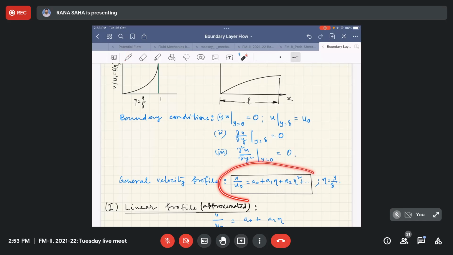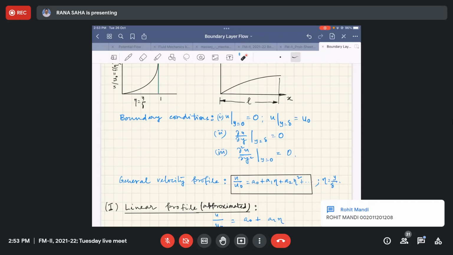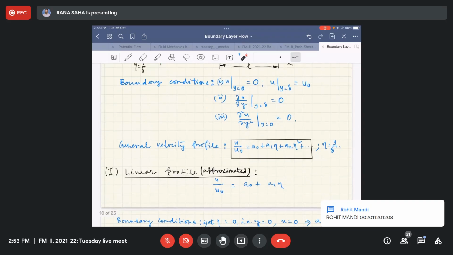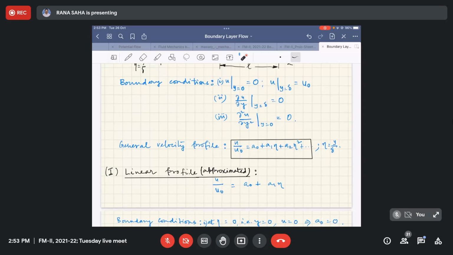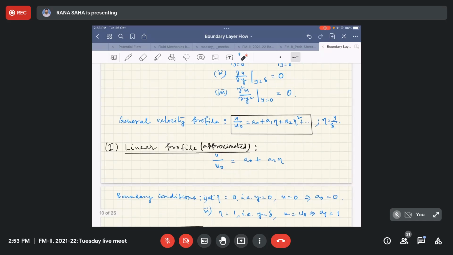It is written here. So to start with, we had a linear profile, which is denoted as a naught plus a1 y by delta, where y by delta is actually eta.